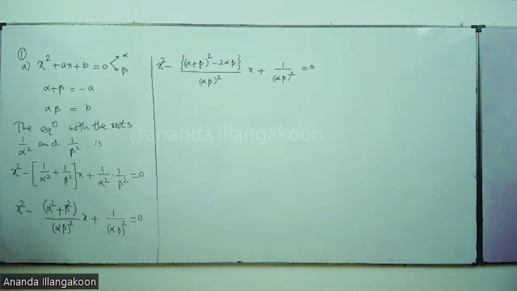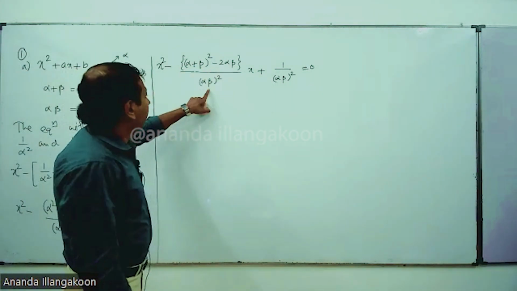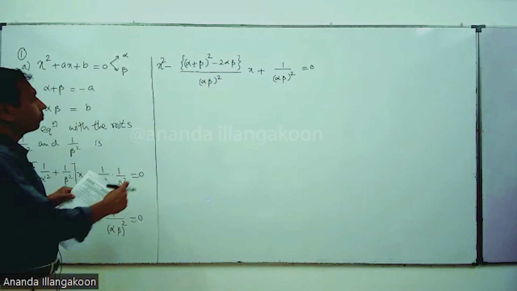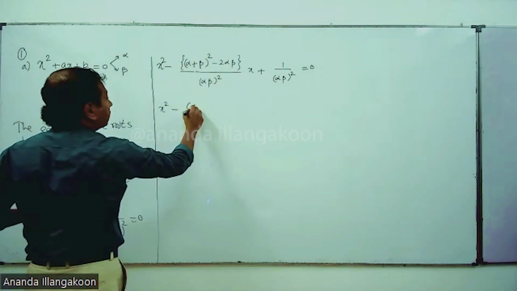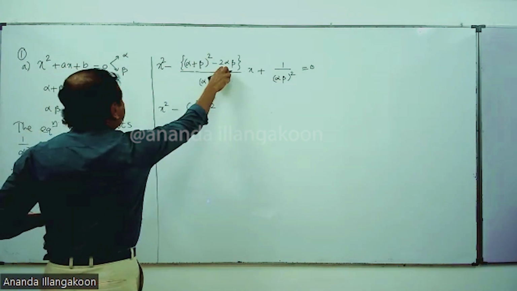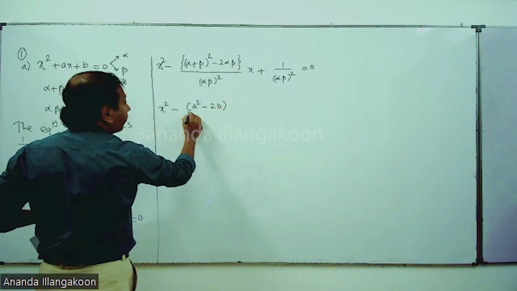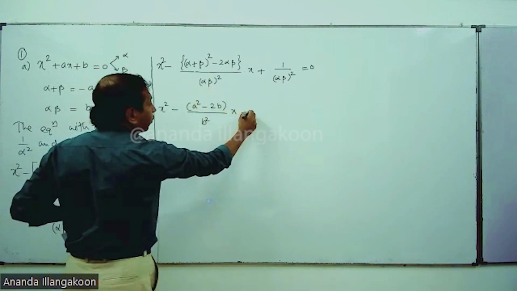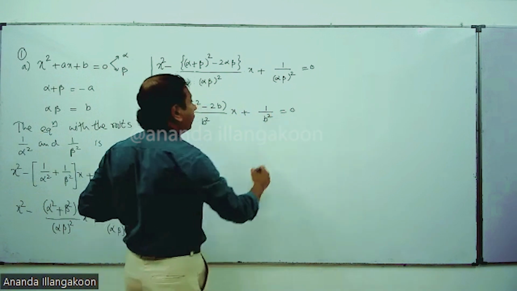Now what we do to get the required quadratic equation: substitute for alpha plus beta and alpha beta. Alpha plus beta is minus a. Then here (minus a) whole squared is plus a squared, minus 2 times alpha beta, which is b, divided by (alpha beta) whole squared, which is b squared, times x, plus 1 upon b squared is equal to 0.